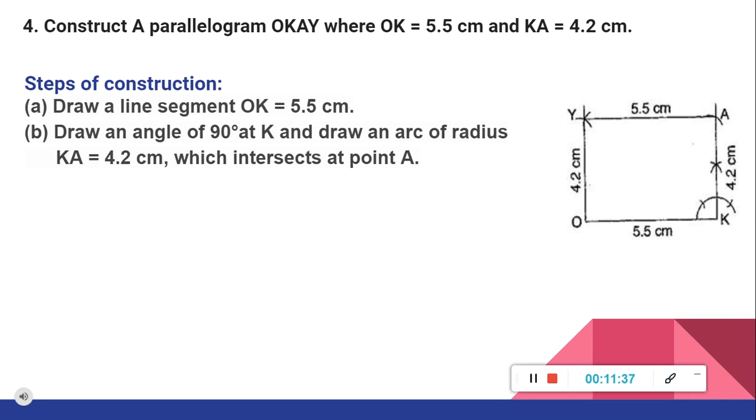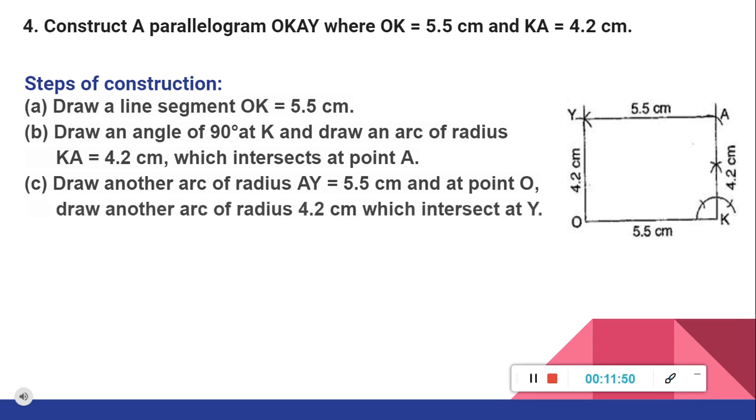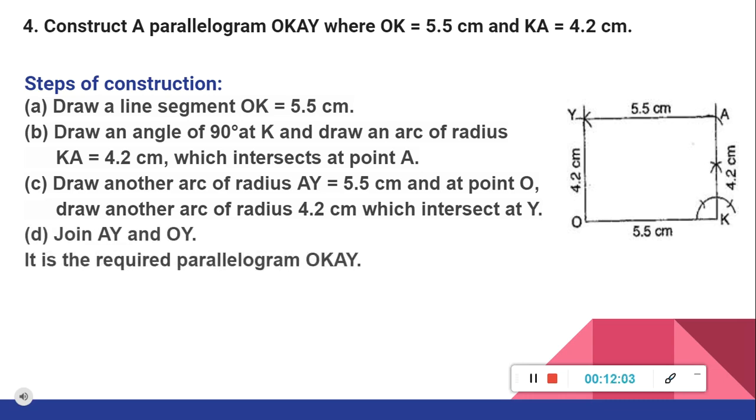You can take any angle and cut 4.2 centimeter there. Now third step, draw another arc of radius AY, that is 5.5 centimeter, at point O. Draw another arc of radius 4.2 centimeter which intersects at Y. So join AY and OY. So you got the required parallelogram.